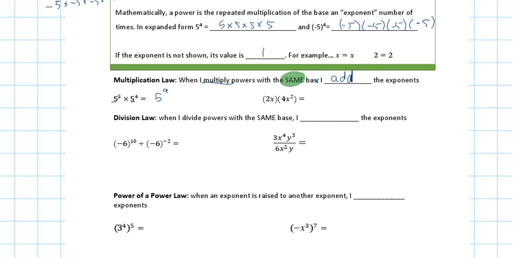So 2x is the smaller base, right? So I have to make this one, if I can, the same base as the 2x. Can I write 4x squared as 2x to the power of something? Yes. What would it be? 2x to the power of 2. Right? So this stays the same.